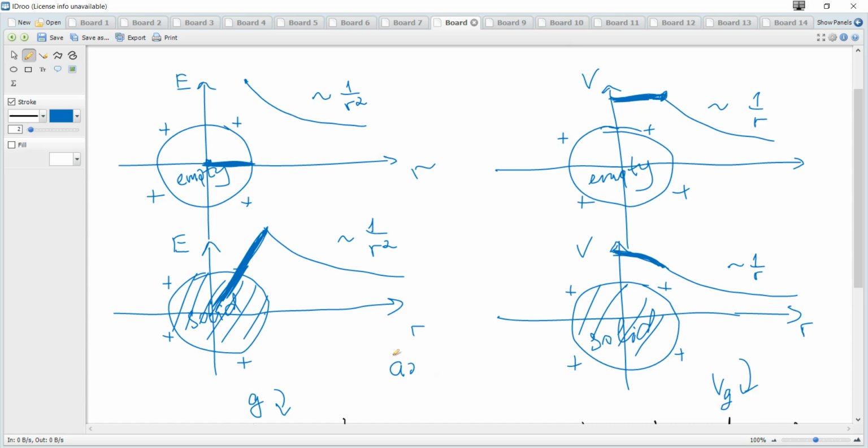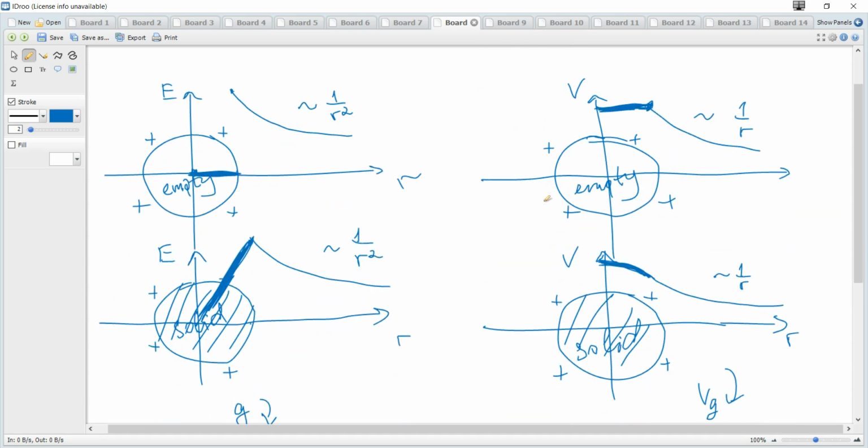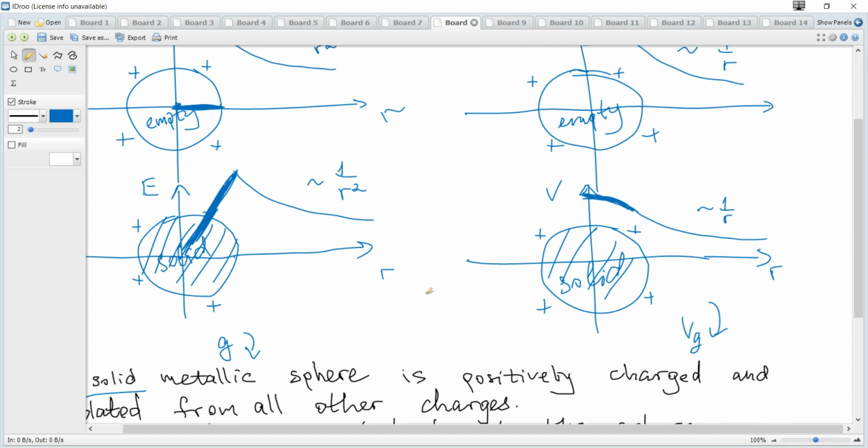Ax squared over 2, but it doesn't matter, so it's some constant times x squared, and due to the minus it becomes negative x squared, so it looks like a negative, concave down parabola. Hence inside the sphere potential looks like this, as part of a concave down parabola, and then decreases as 1 over r.